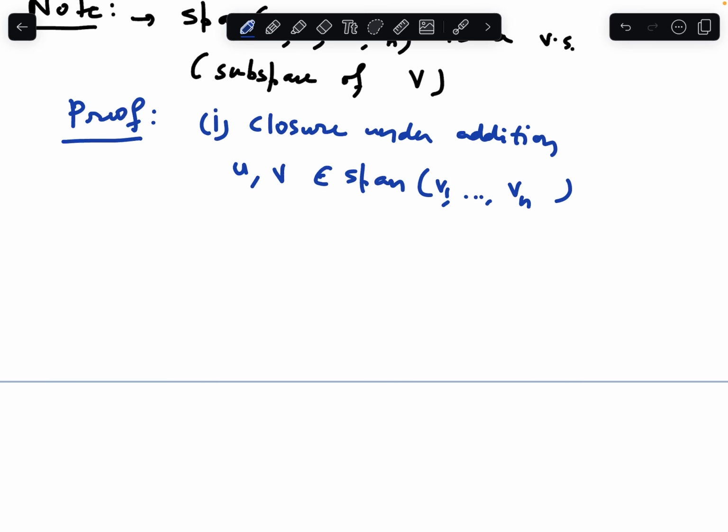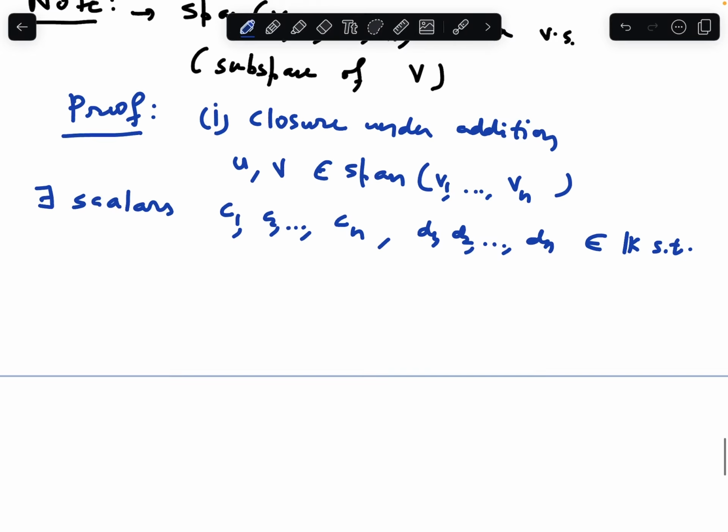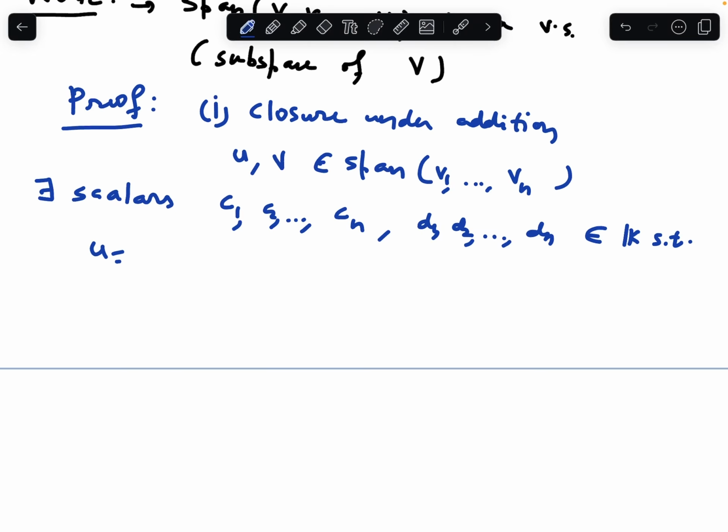What this means is that there exist scalars C1, C2, Cn, D1, D2, Dn, such that U equal to C1 V1 plus C2 V2 plus Cn Vn, right?